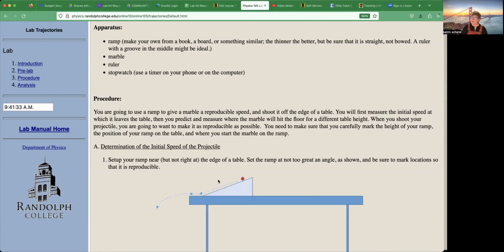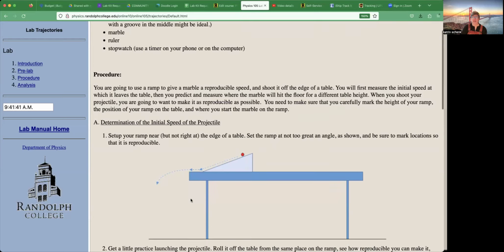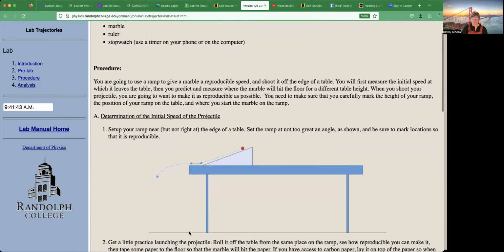Okay, so you're going to take data several times so you can get a 90% confidence interval, and you're going to use your kinematic equations that you learned for projectile motion to calculate the speed given the height of the table from the floor and how far out this projectile goes before it hits the floor. Now, if you have carbon paper, which I didn't mention because some of you may not have carbon paper in your kits, that's nice. You can lay a piece of paper down, put the carbon paper over it.